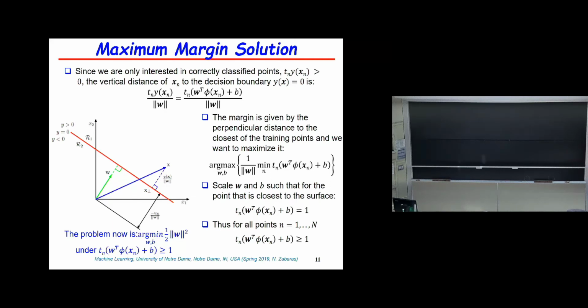Look at this problem and tell me what it says. You can start with the minimum and then tell me about the argument that says argmax. What does this minimum do, divided by the magnitude of w? So 1 over this times that, and then minimum over n. So what are you doing with that minimization?